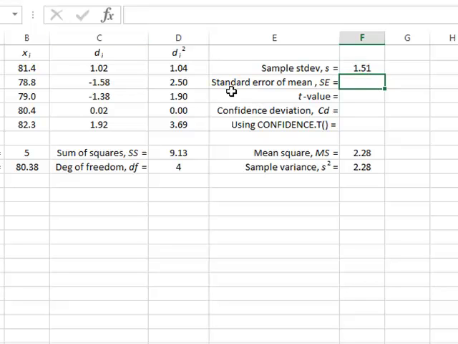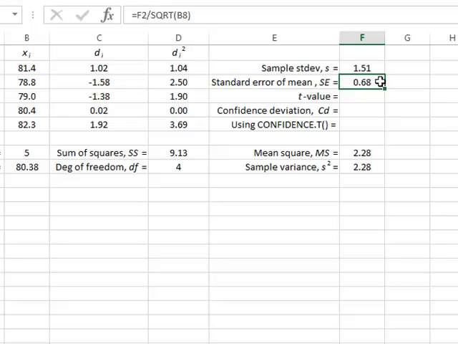The next step is to look at standard error of the mean. This value is equal to the standard deviation divided by the square root of the number of measurements in the sample, in this case the sample size in B8, of 0.68.